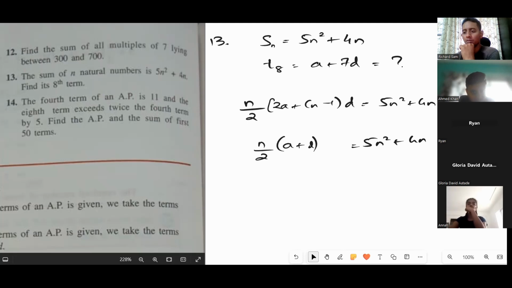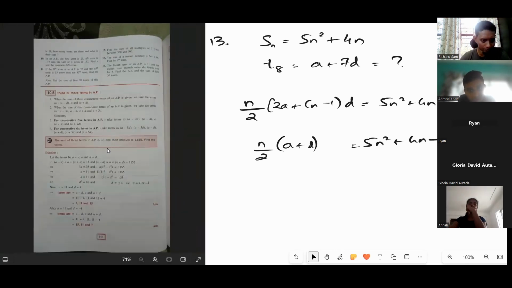We can try solving each of these equations, simplifying it. Okay, let's, I don't know. How else can we do this? Let me see, there's an example like this.